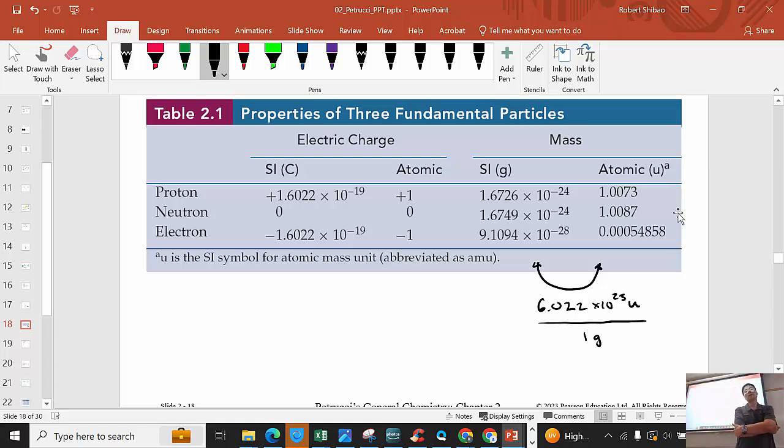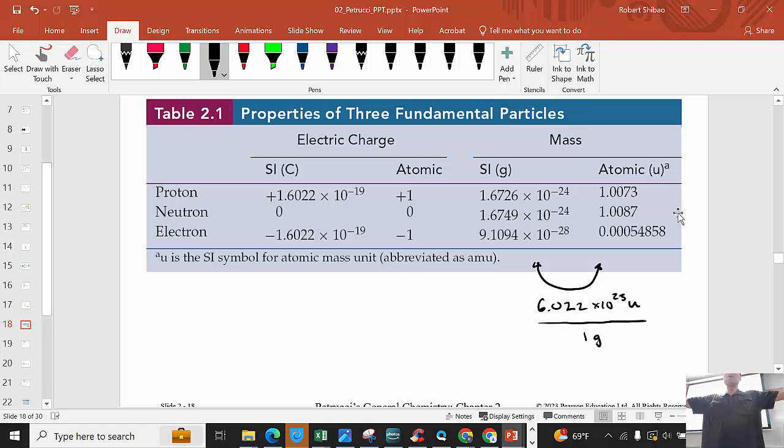Well, let me back up and tell you about the size of a proton. The size of the nucleus is about 10,000 times smaller than the size of the atom. So the atom's like this big, the nucleus is 10,000 times smaller. People do these analogies.